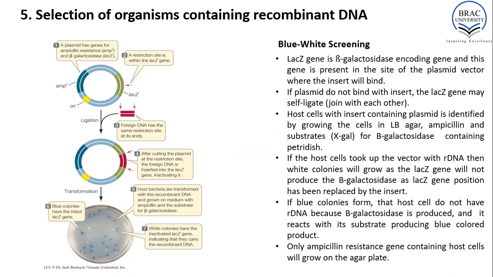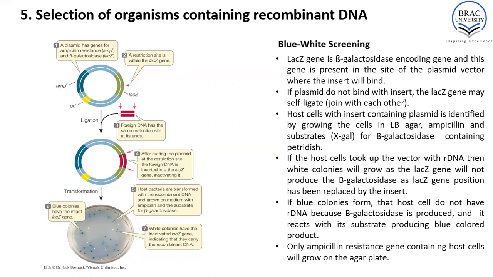The LacZ gene is not expressed. And when it is not expressed, it cannot produce that beta-galactosidase enzyme, and the enzyme cannot break down the substrate X-gal. As a result, we get white colonies.